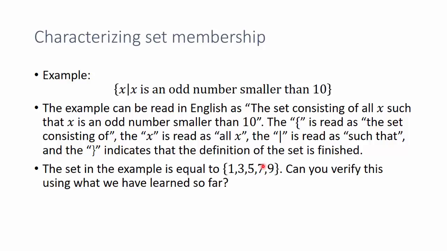If we plug in anything else besides these 5 numbers, the statement will become false. So this is a condition that characterizes membership in this set, and this set, the set of all x such that x is an odd number smaller than 10, is equal to the set with the elements 1, 3, 5, 7, and 9.